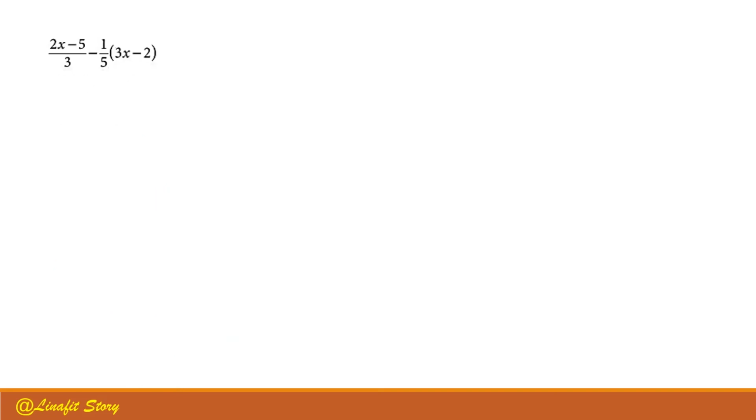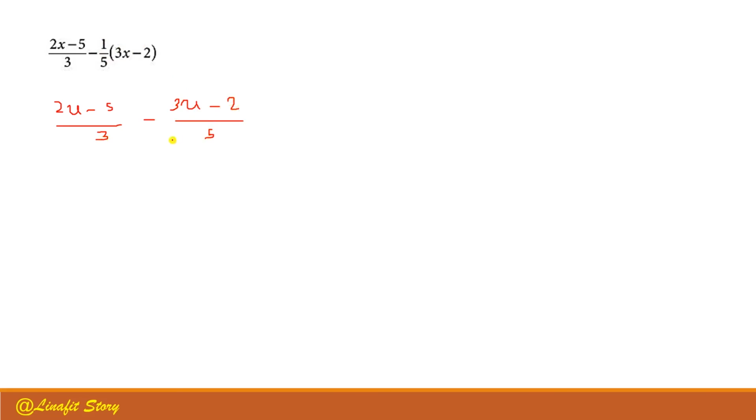2x minus 5 out of 3 minus 1 out of 5 times open bracket 3x minus 2 close bracket. So this is 2x minus 5 out of 3 minus 1 times 3x is 3x. 1 times negative 2 is minus 2 out of 5.